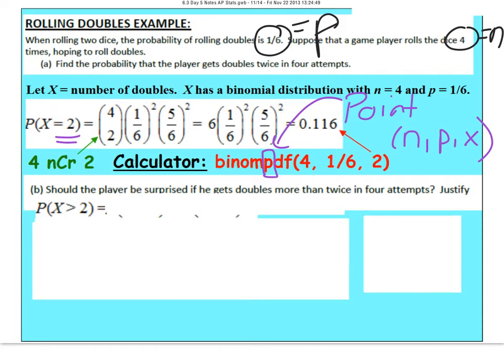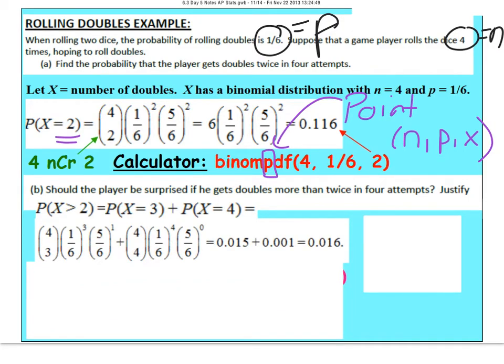So really we want to find the probability that X is equal to 3, and we're going to add to it X is equal to 4. Okay, so what we can do is actually write this out using the binomial formula like this if we wanted to. It would look like this.